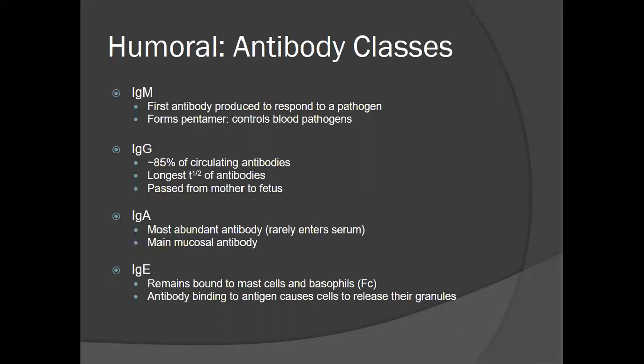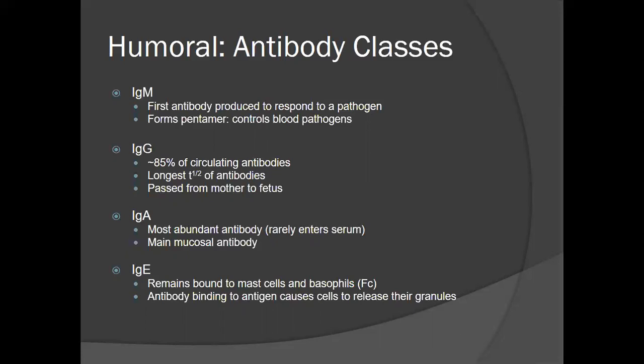IgE is really important for inflammation. Where we most commonly encounter it, it will interact with receptors on the surface of mast cells and basophils. And when it recognizes an antigen, it causes something called cross-linking. So it pulls two antibodies together.